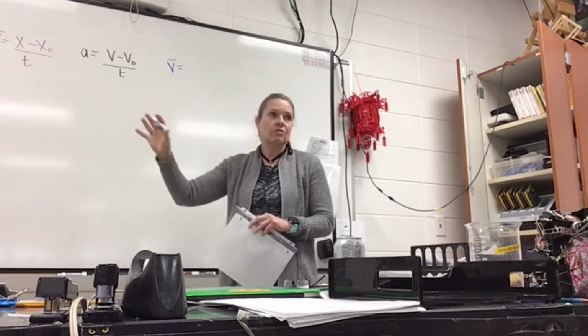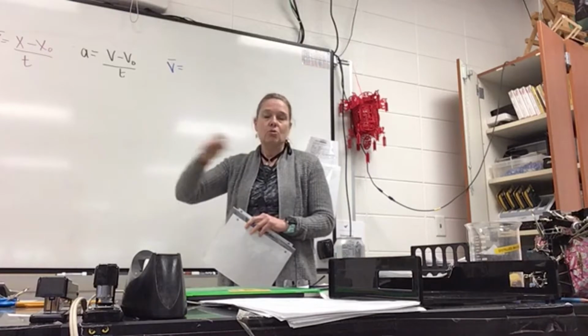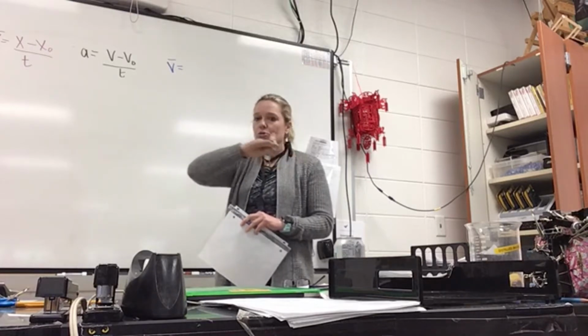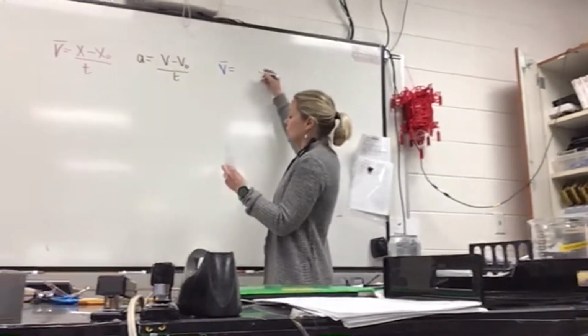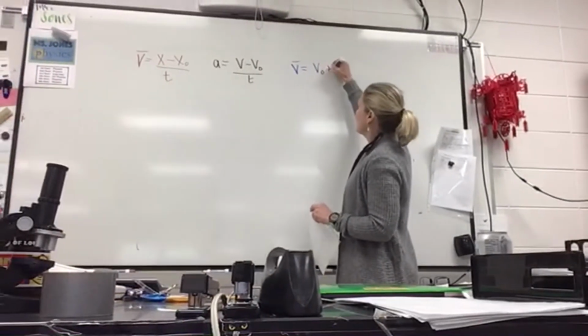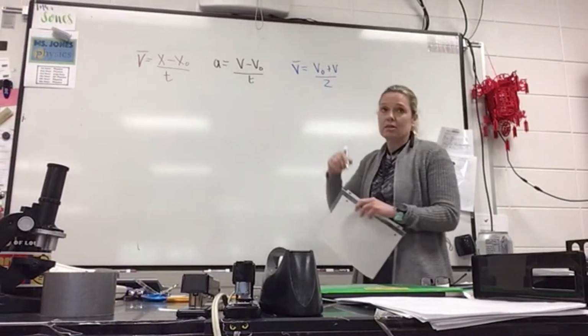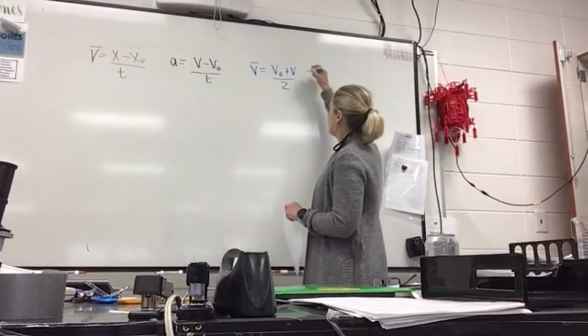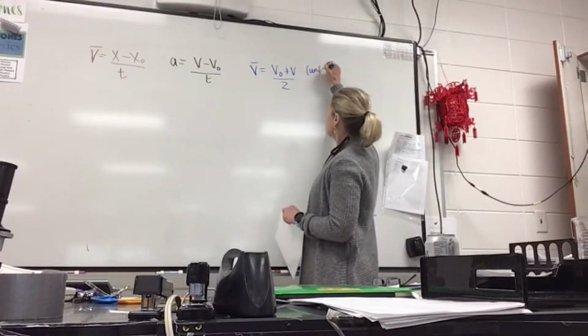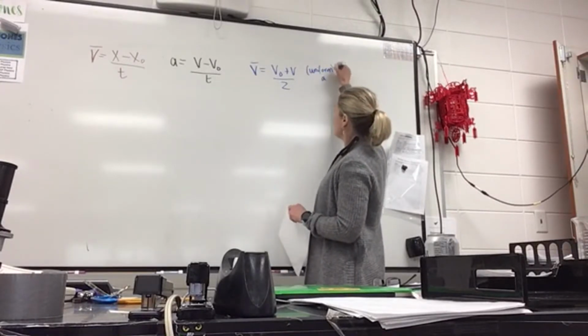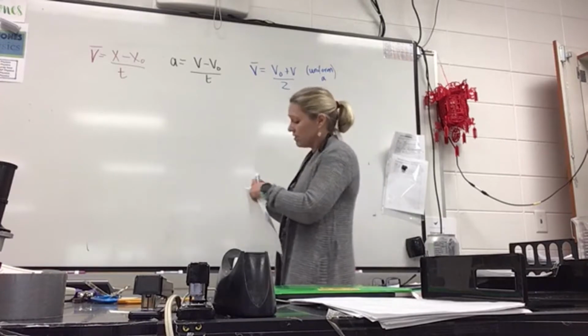No, because you're not doing it for equal amounts of time. So unless you have uniform change, you can't use the add them up and divide by 2 method. Okay? This is only for uniform acceleration. Some people kind of cheated on that.